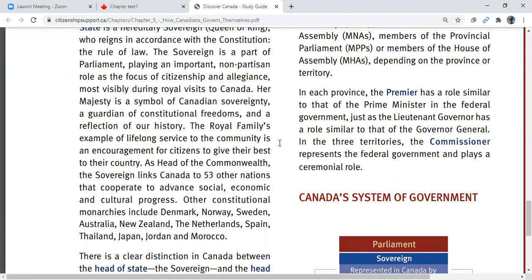There's 53 countries that Great Britain used to control. So there's many countries in Africa, and then Australia and New Zealand, and then Canada. So there's 53 altogether in the Commonwealth. And then the Queen is the head. She is the leader of the Commonwealth.